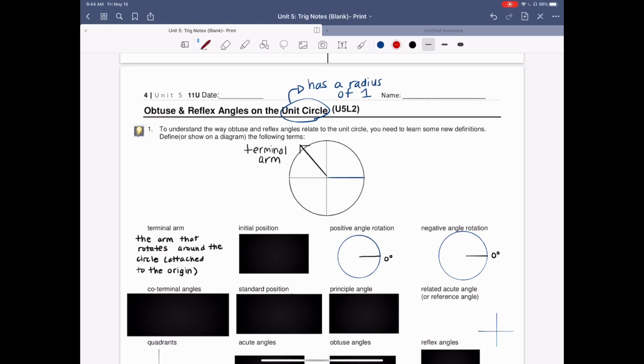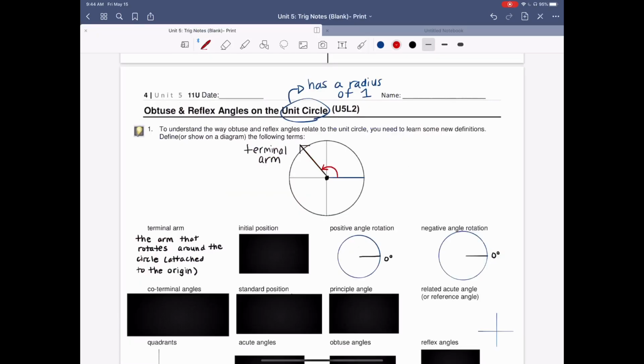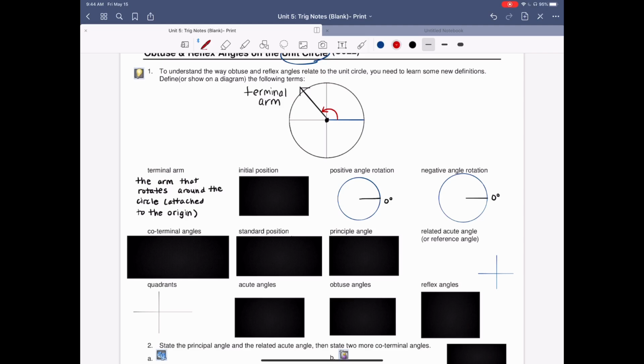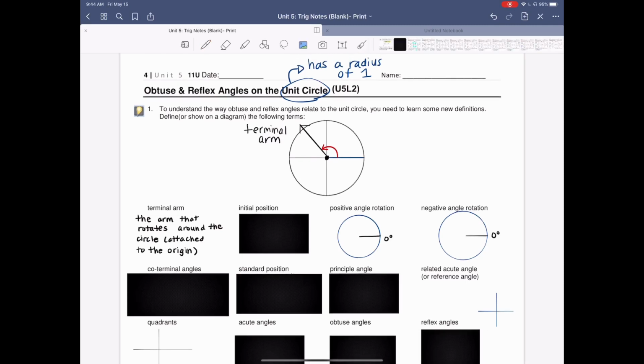This shows that the arm rotates around the circle and it's attached to the origin, which is right here. I have drawn a terminal arm so I could start talking about an angle from there, instead of going from north and clockwise. There's a bunch of definitions to go over, but this is my starting point. That black line represents my terminal arm.